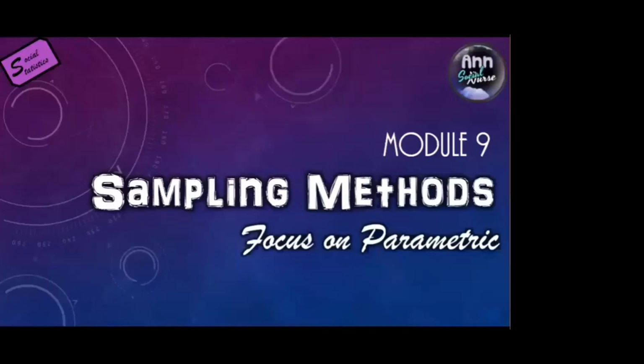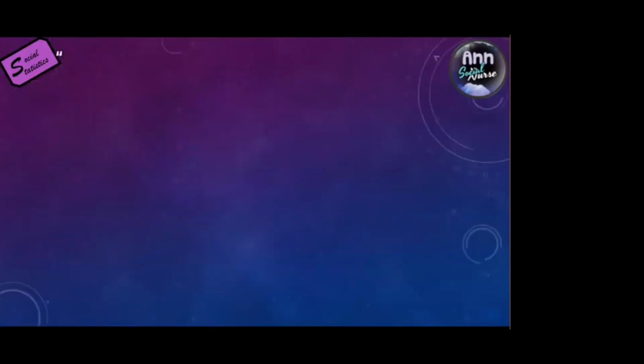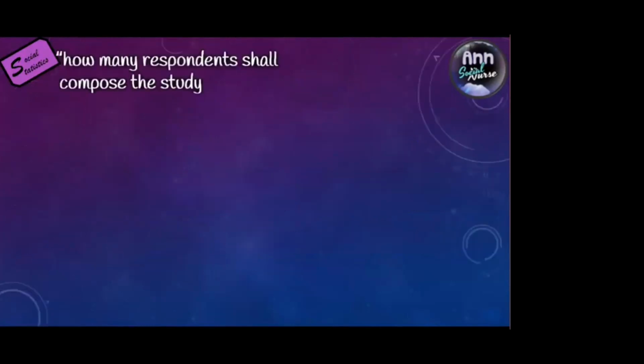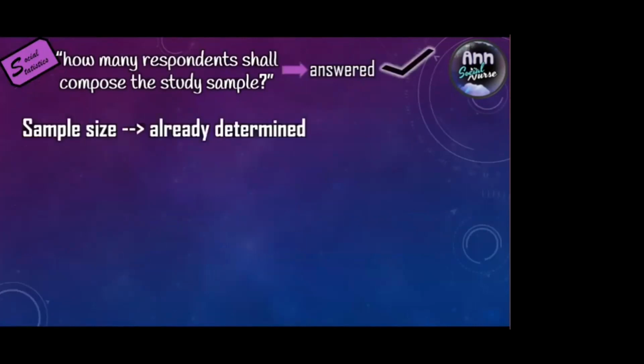To continue on sampling, Module 9 focuses on parametric sampling methods. Previously, the question was how many respondents shall compose the study sample? That's already answered in the previous module. And the sample size was already determined through these two steps.